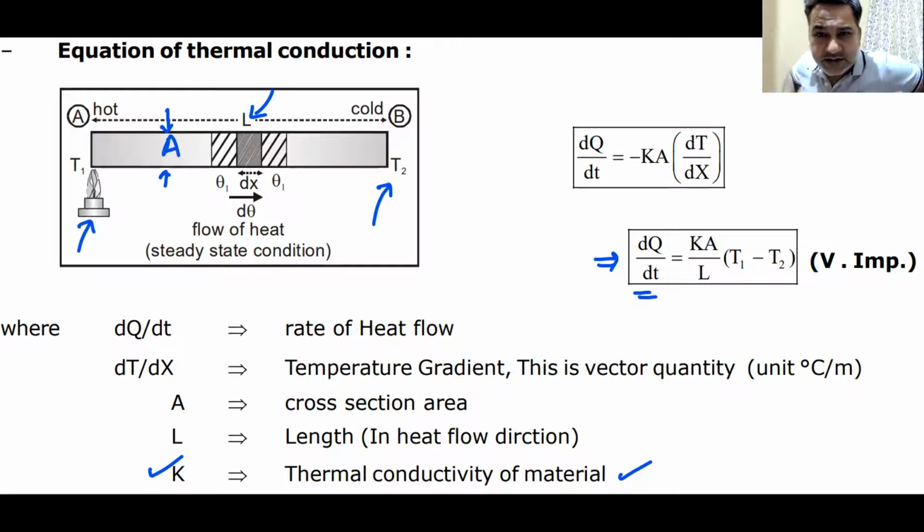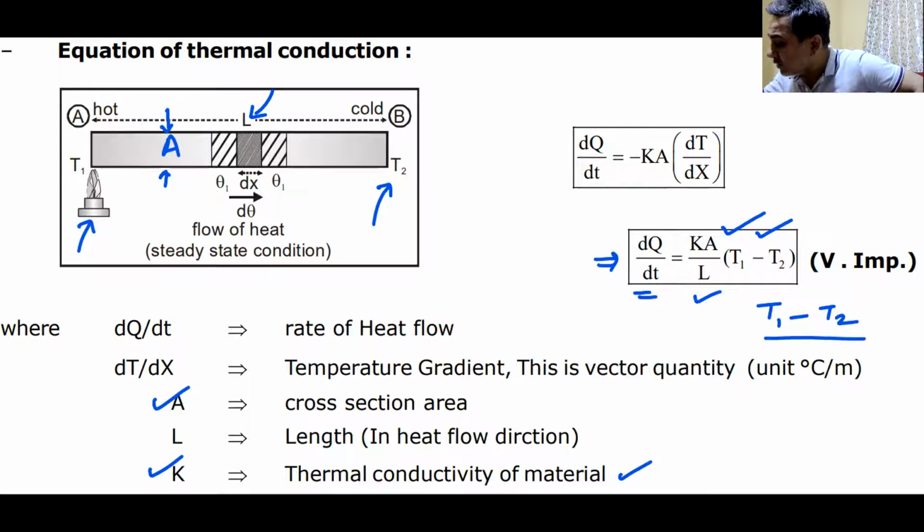Do we understand this? A is the area of cross section, L is the length. T1 minus T2 divided by L, do you remember what it is? It is your temperature gradient. Do we understand this?